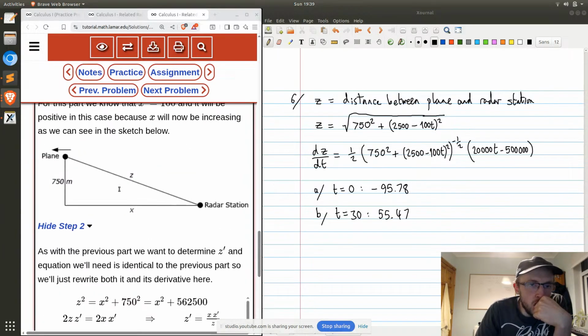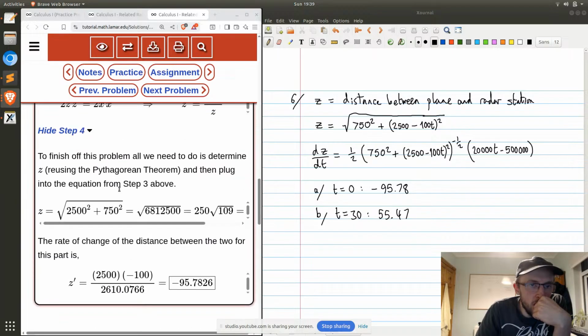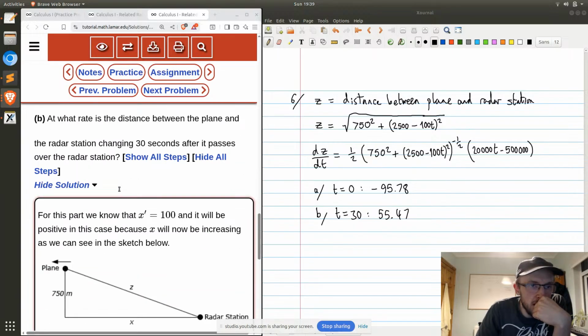Oh my goodness me. Oh my goodness me. 30 seconds after it passes over the radar station. Can you believe it? Can you actually believe it? I can't believe it.